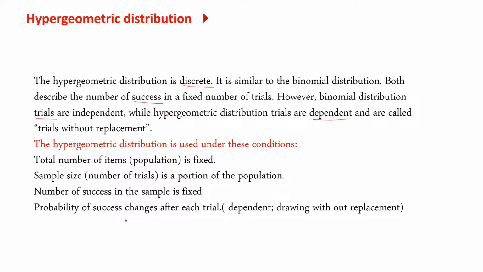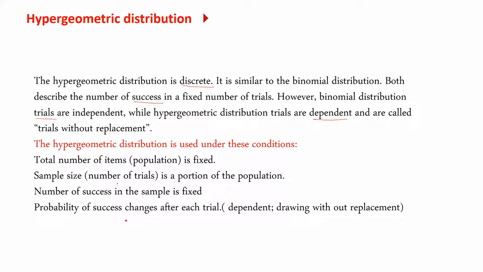So let's see the conditions of hypergeometric. As we know, in binomial distribution, we have 4 conditions. Also here we have 4 conditions. So it is the same, the only difference is the last condition. Total number of items in the population should be fixed.